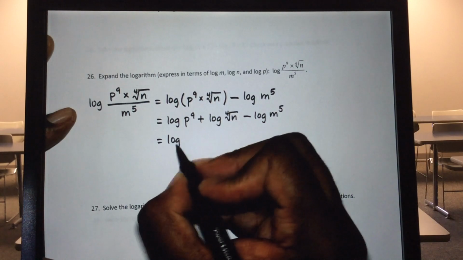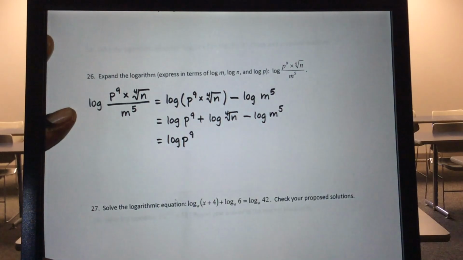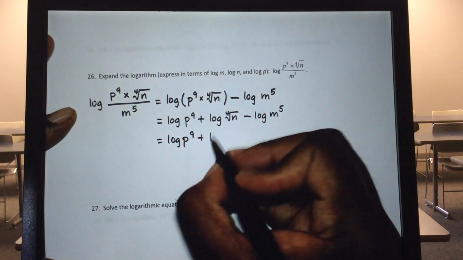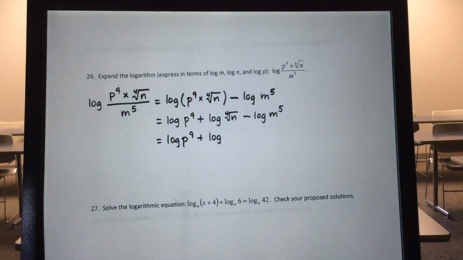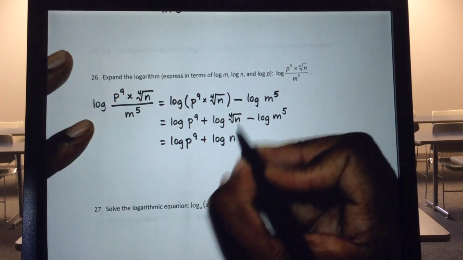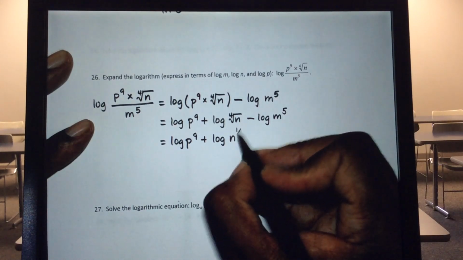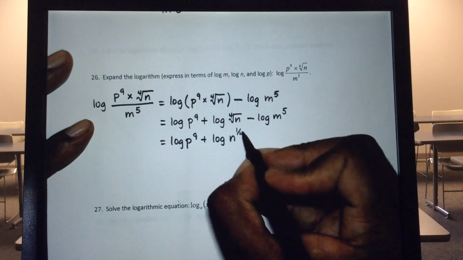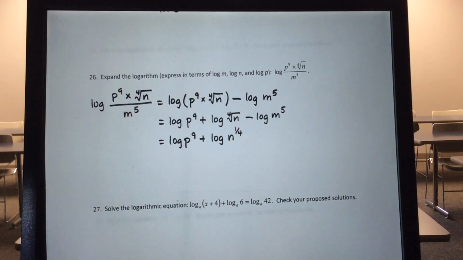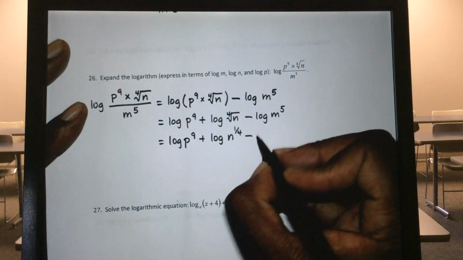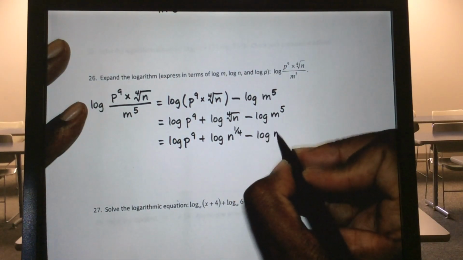Now, that 4th root of n, I need to write that as a term in exponential form. That n has an exponent of 1. That will be the numerator. This 4, which is my index, will be the denominator. So the 4th root of n will be n to the 1/4 power, and then minus log of m to the 5th.